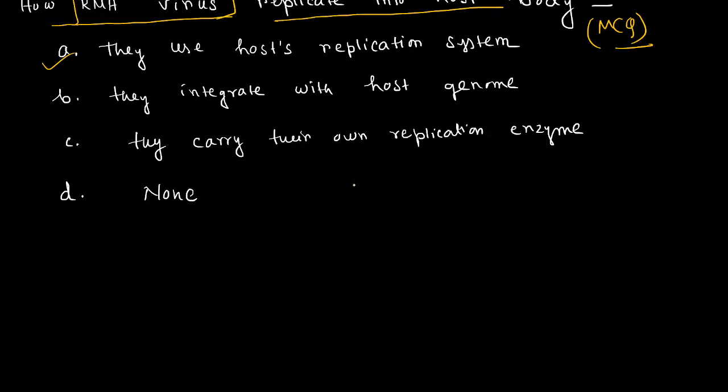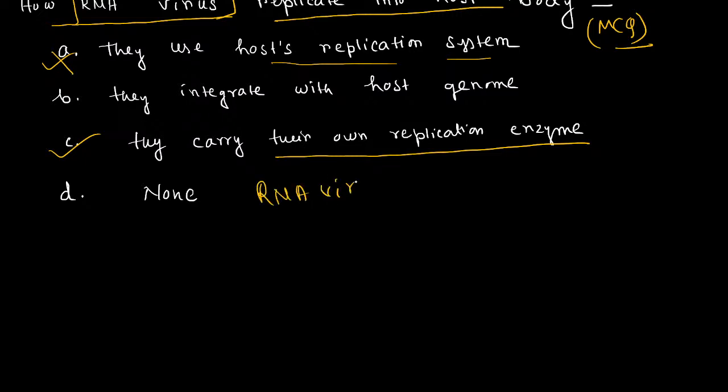Okay, someone is saying A. A what? No, I ticked it by mistake. It's C. They carry their own replication enzyme. They can't use the host replication system because in our host there is nothing like RNA dependent RNA polymerase. For replication of RNA virus, what is needed?